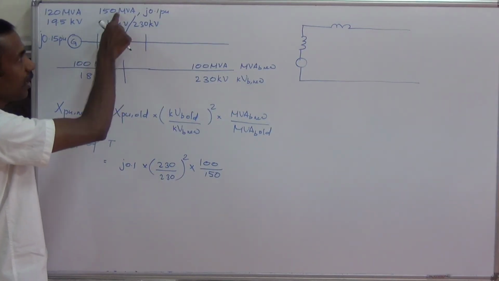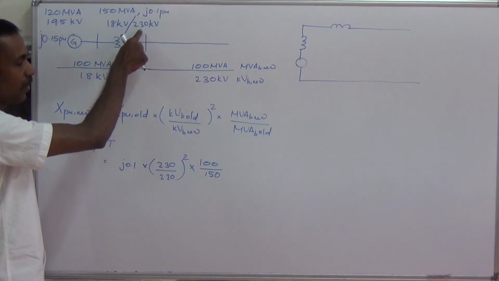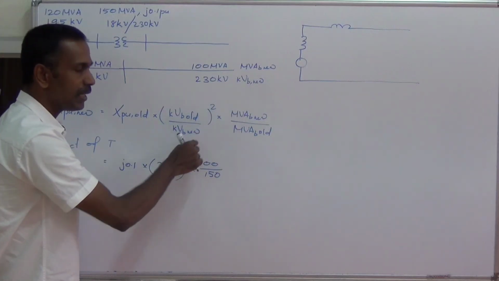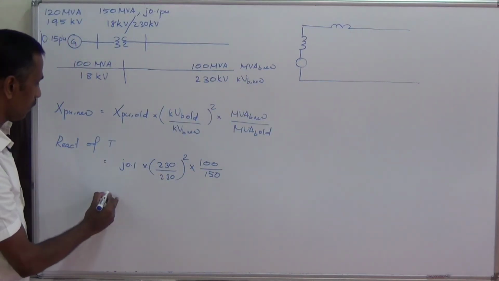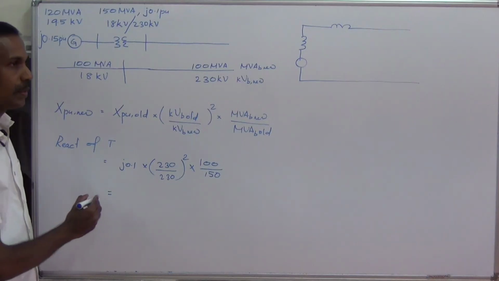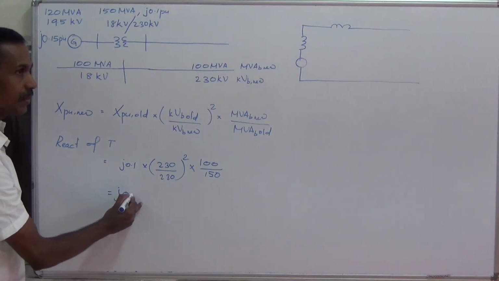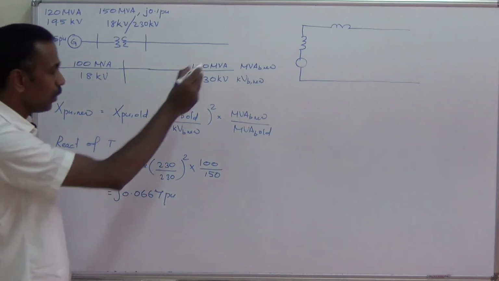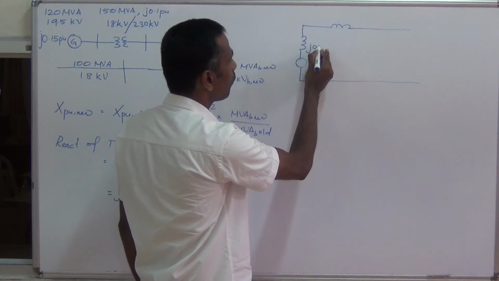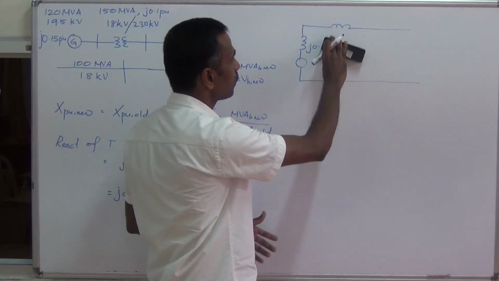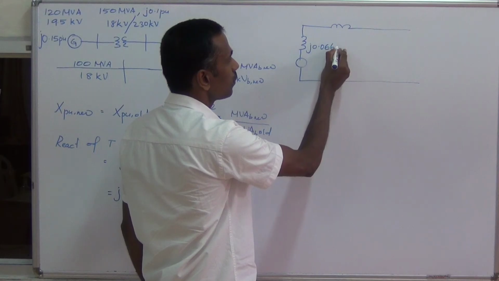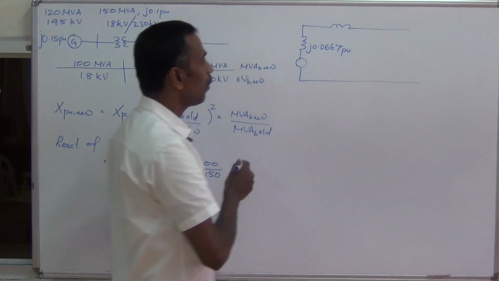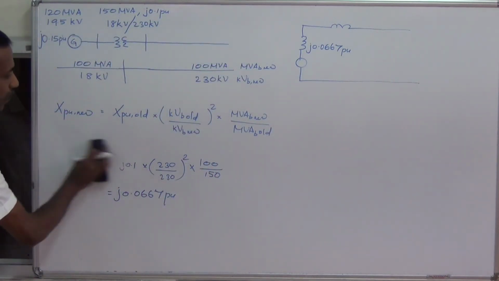So these are the old base values. We are converting this into X per unit new with new base values. This is equal to j0.0667 per unit. Let me mark the value here. j0.0667 per unit.